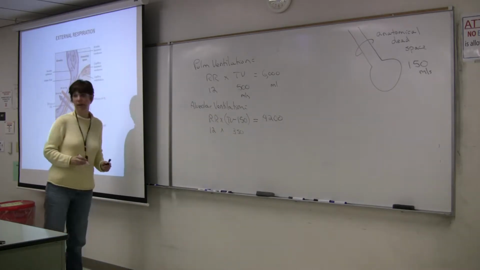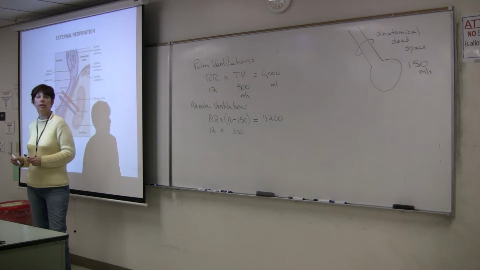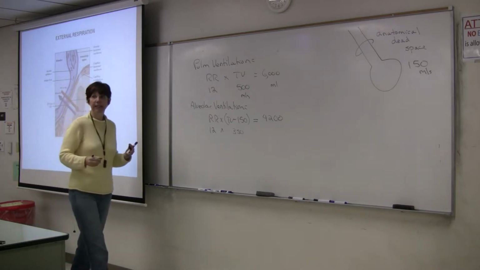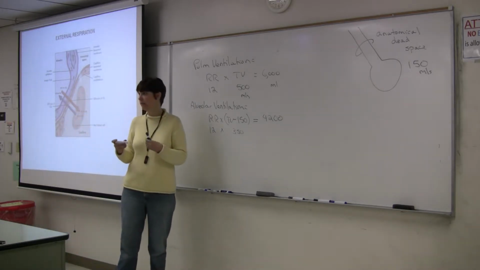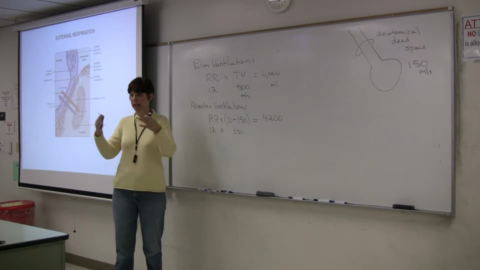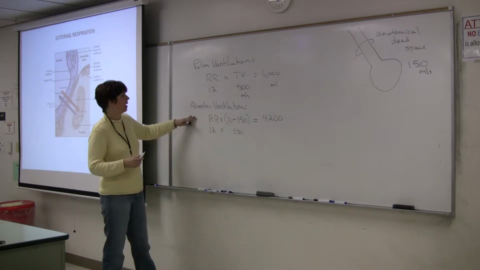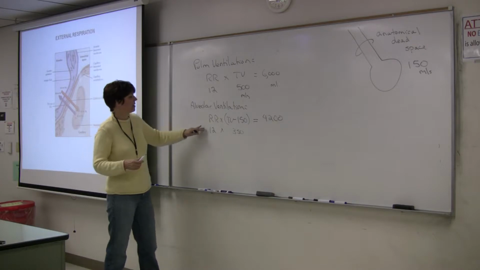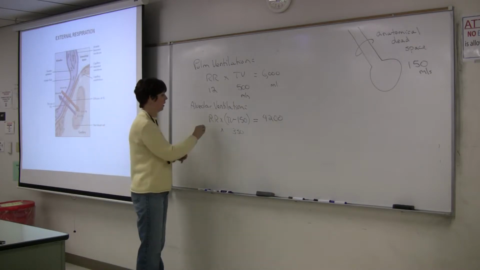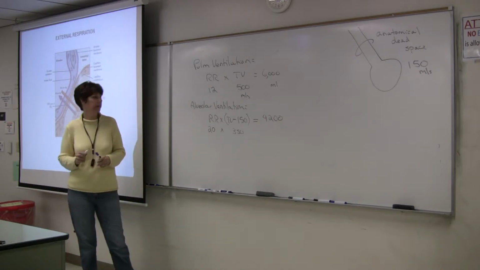Now, let's change the character of our breathing, okay? So if we breathe very rapidly, but more shallow, the anatomical dead space becomes a greater proportion of each breath, all right? So if we increase our respiratory rate to 20 breaths a minute, all right?